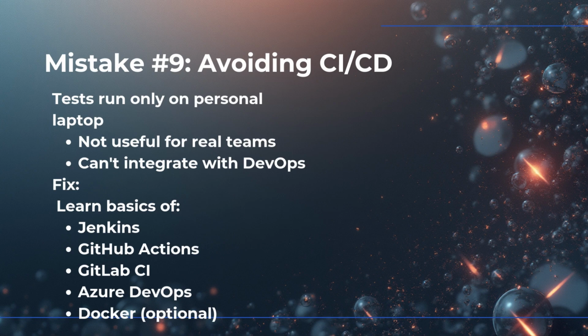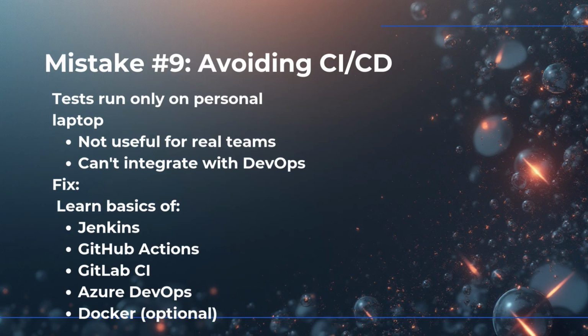Either you can create triggers using which it can run on every commit or build, or you can run it on demand. And you can choose the environment where you want to run. Beginner engineers avoid CI/CD because it looks very complicated. But you need to learn basic skills. What do you need to learn here?